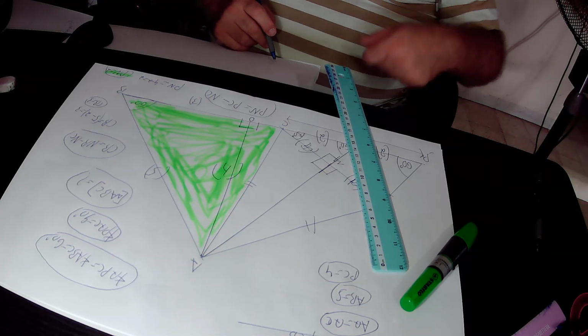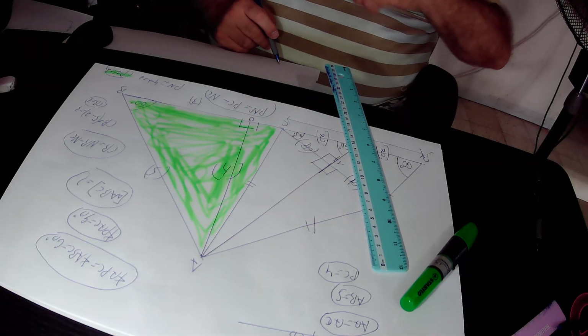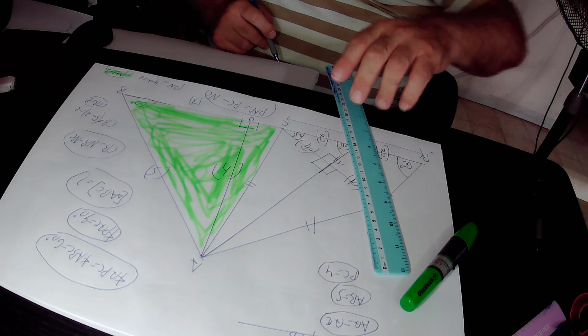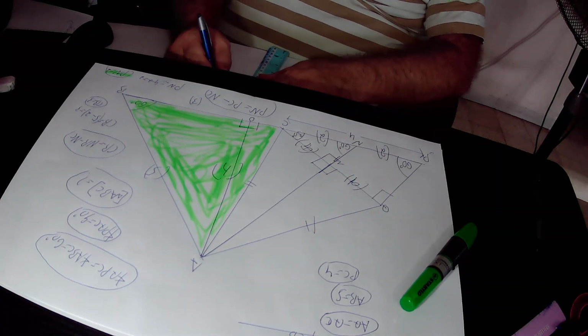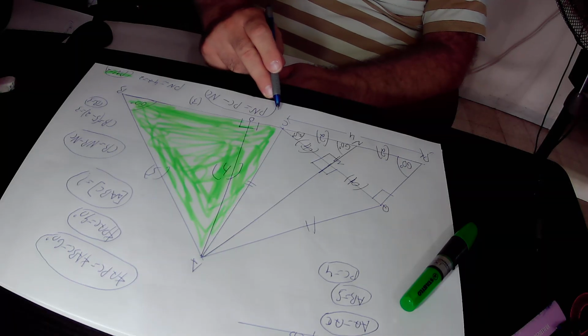In the next step, I'll copy the right triangle AOB in a new page in order to find out the value of H. That is the height to the base of the green triangle ABC.